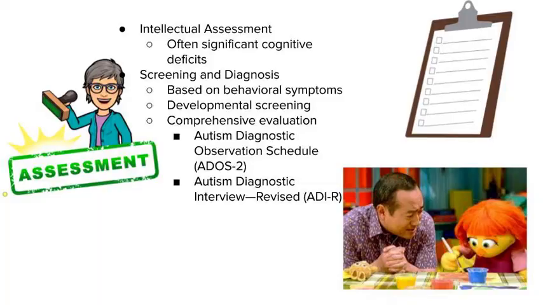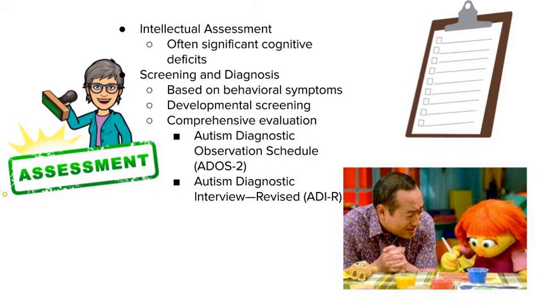When we suspect that a student has autism, we want to look at the ways that we do assessment and diagnosis. So there's intellectual assessments and then also screenings and diagnosis. Because about 33% of those students also have a cognitive disability, an intellectual disability, then intellectual assessment is one of the things that we look at for a diagnosis.